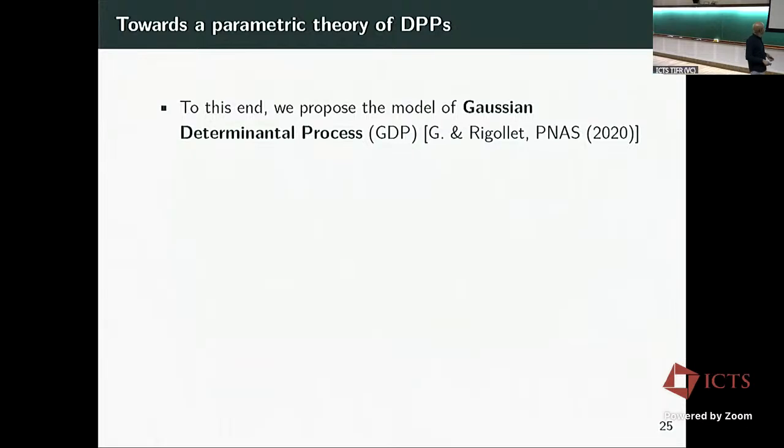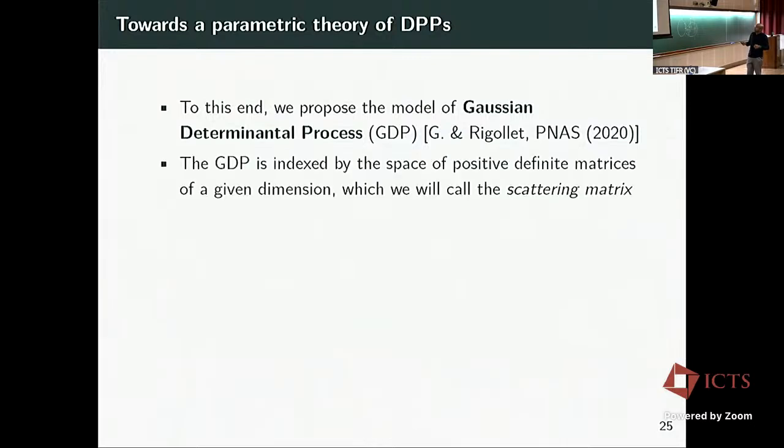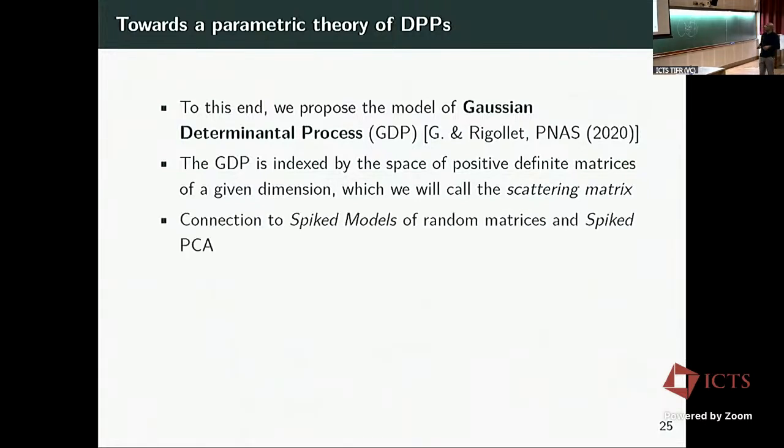So to this end, we propose the model of Gaussian determinantal processes, or GDPs. This is joint work with Philippe Rigollet from a few years ago. And no wonder the Gaussian again comes to our rescue. It is indexed by the space of positive definite matrices of a given dimension, which we will call the scattering matrix, partly as a hat tip to the close connections between DPPs and quantum physics.